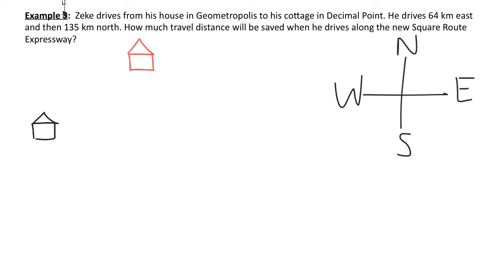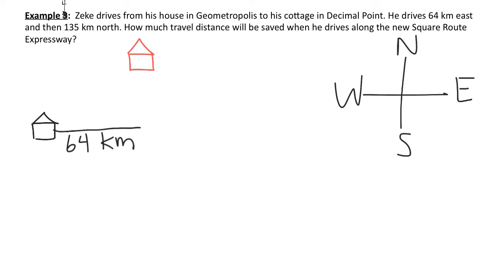A direction marked eastwards or to the east is typically moving in a direction towards the right. So from Zeke's house, which I've drawn in black, I'm going to draw a line kind of going towards the right. And the distance or the length of this line would have to be 64 kilometers, since we're told that Zeke drives 64 kilometers east.